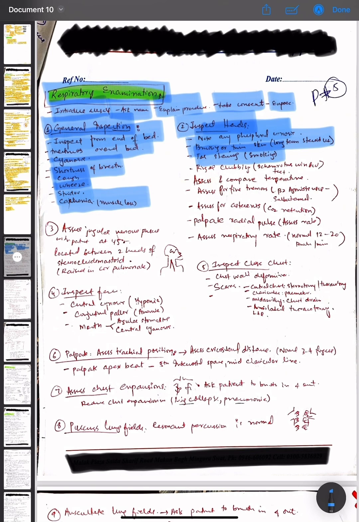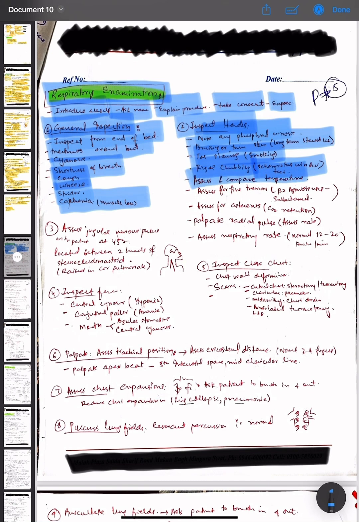Then we will look for finger clubbing, and check Schamroth's window test. If there is any clubbing or if Schamroth's window is lost, then this marks chronic lung or congenital heart diseases. Then assess and compare the temperature of both hands.